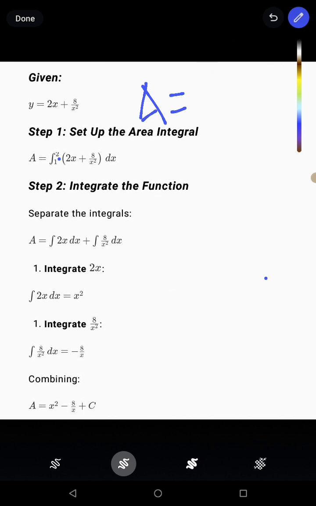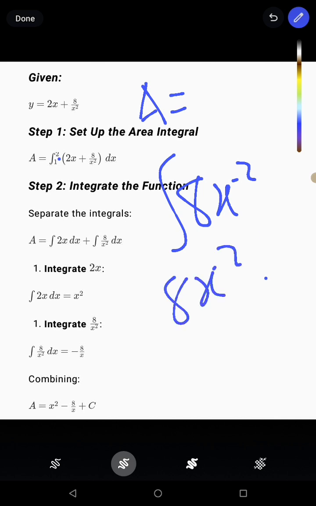So let me continue. I want to show you how we get the integration of 8 over x squared, and that is the same as 8 x raised power minus 2 by the law of indices. So that's going to be 8 x raised power minus 2 plus 1 over minus 2 plus 1. Now minus 2 plus 1 is minus 1, and you're correct.